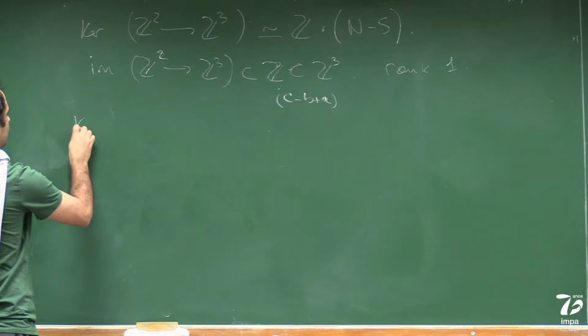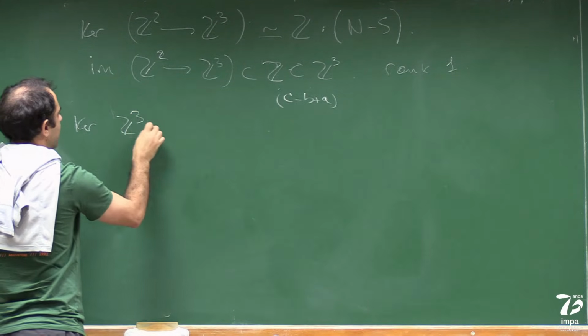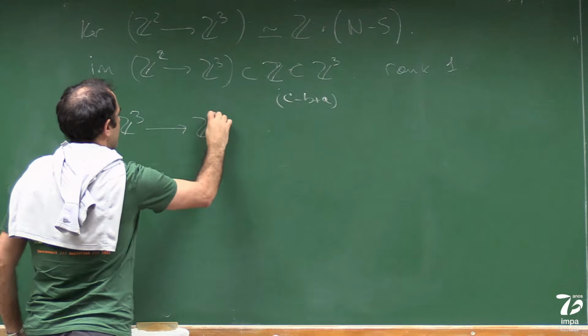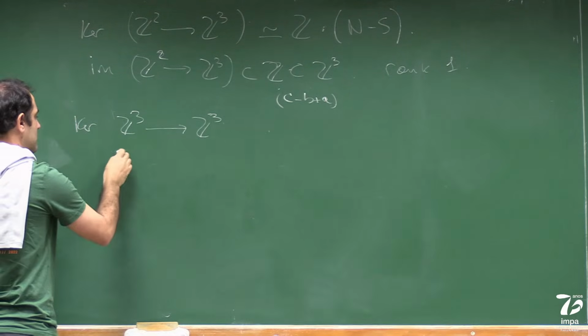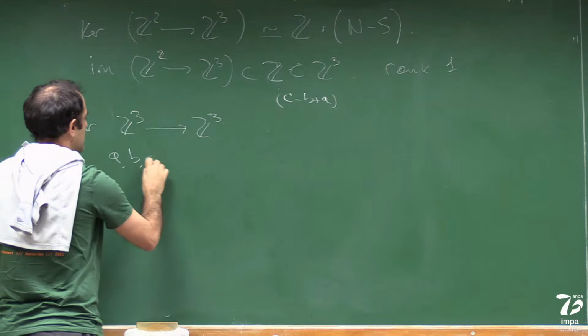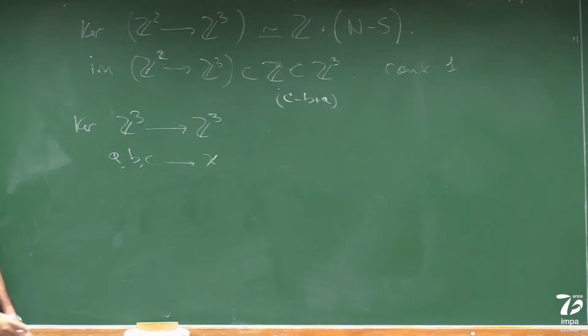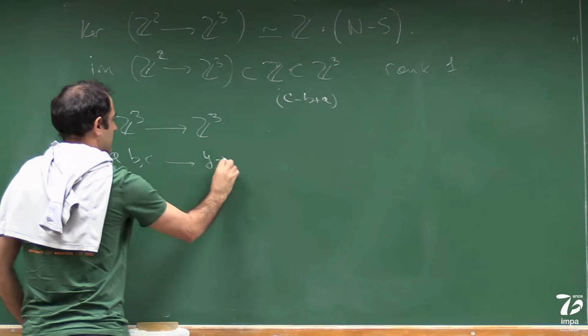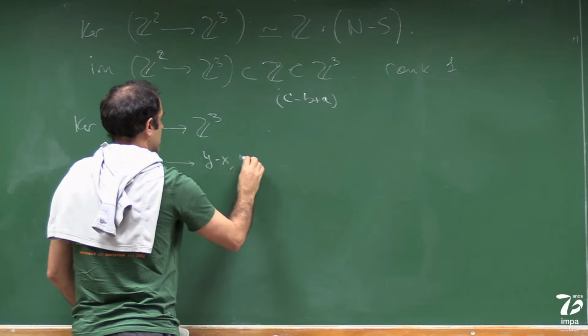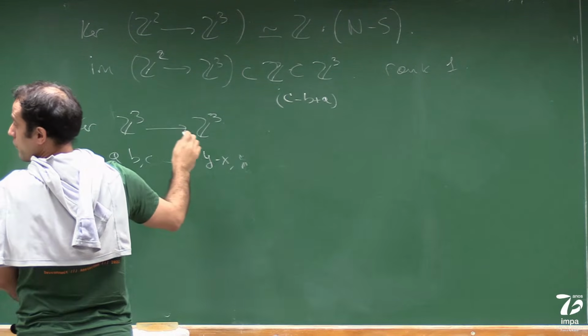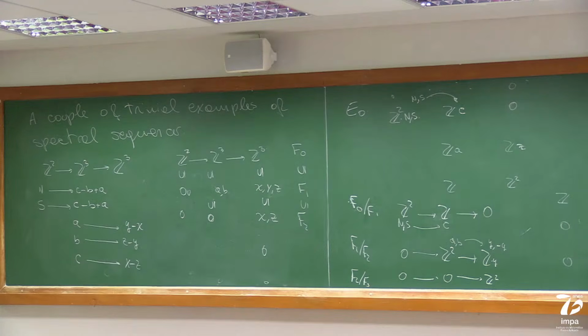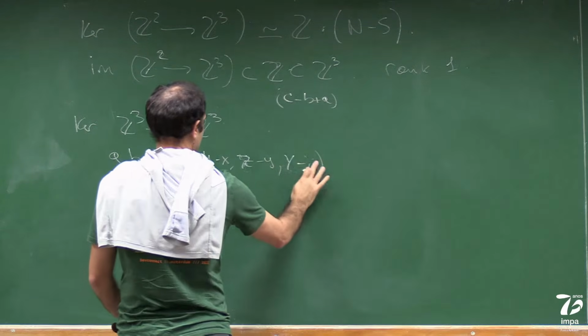Now, the kernel of the Z3 to Z3 map, that is given by A, B, and C going to the corresponding boundaries, which are y minus x, x minus z, well, I guess in the same order, z minus y, and y minus x, and y minus z, and x minus z.